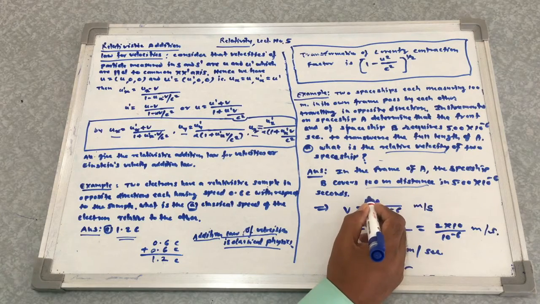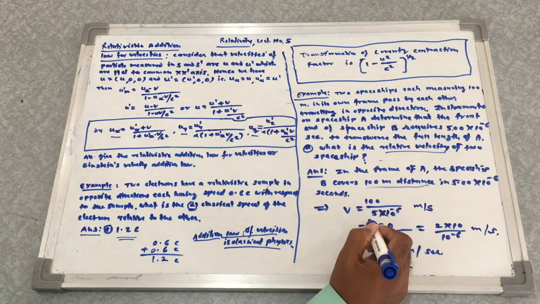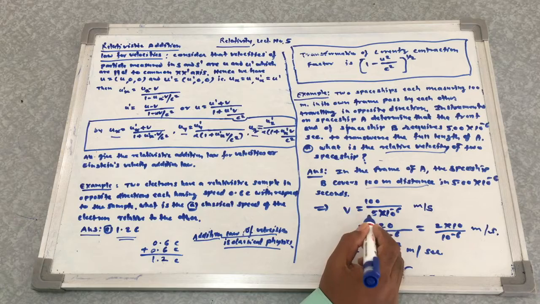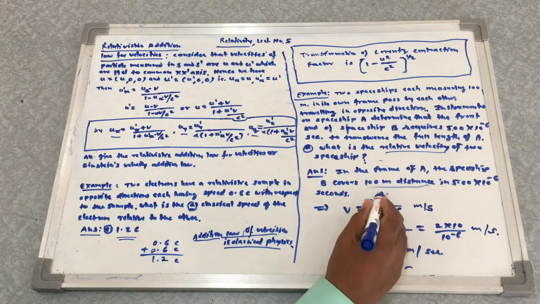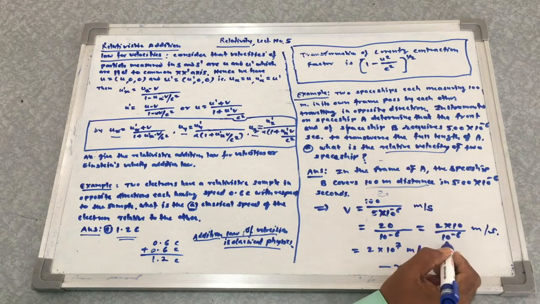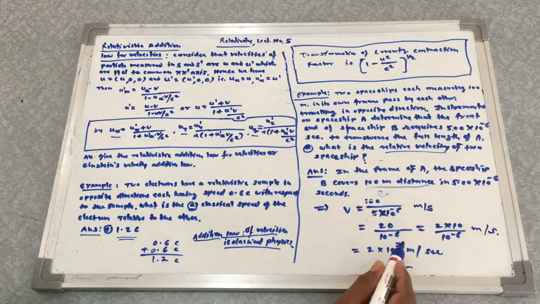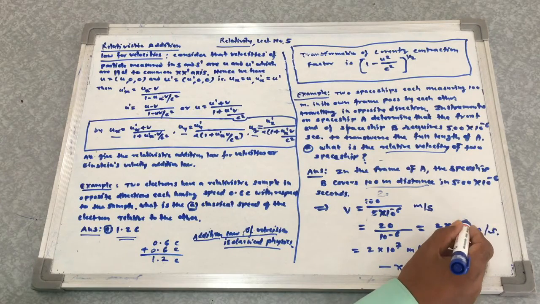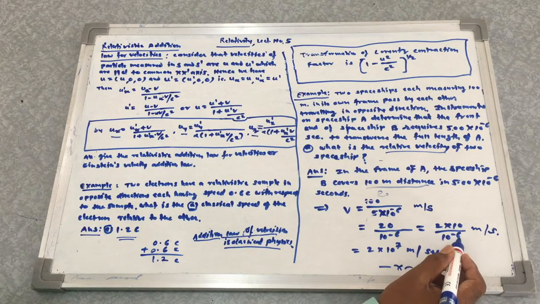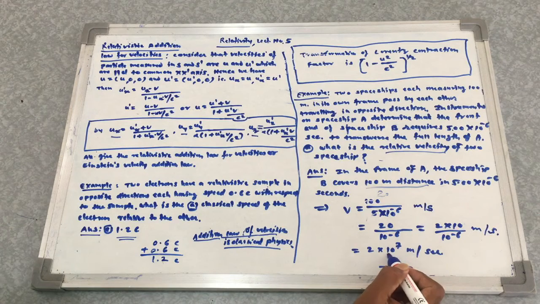So V is equal to 100 meters divided by 5 into 10 raised to minus 6 seconds, which is 20 by 10 raised to minus 6, that is 2 into 10 raised to 7 meters per second.